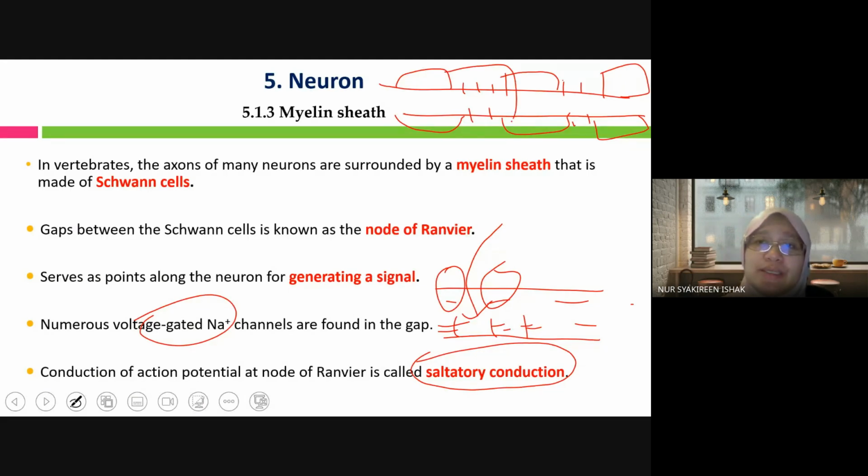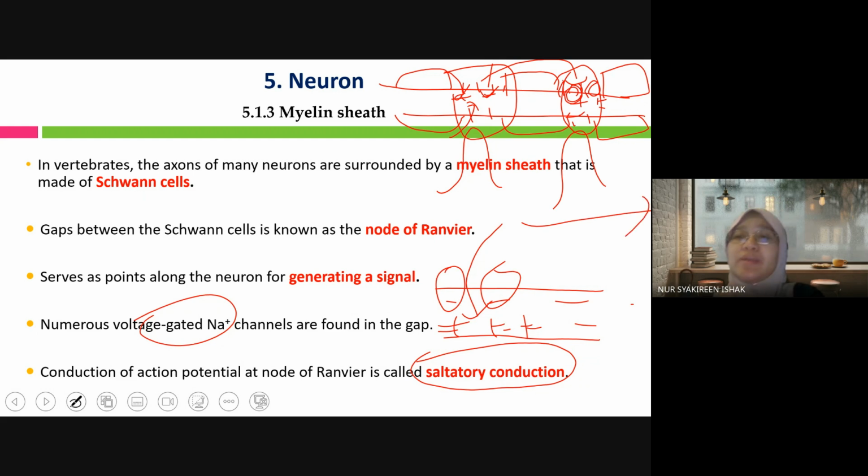At this region, when the voltage gated channel opens, it causes sodium to enter, changing the membrane potential from negative to positive. An action potential is produced in this area. Then it triggers the next region to be stimulated and causes the next node of Ranvier to open its voltage gated channels, changing the potential from negative to positive. Here an action potential is produced again, all the way until it reaches the axon terminal. This way is what we call saltatory conduction.